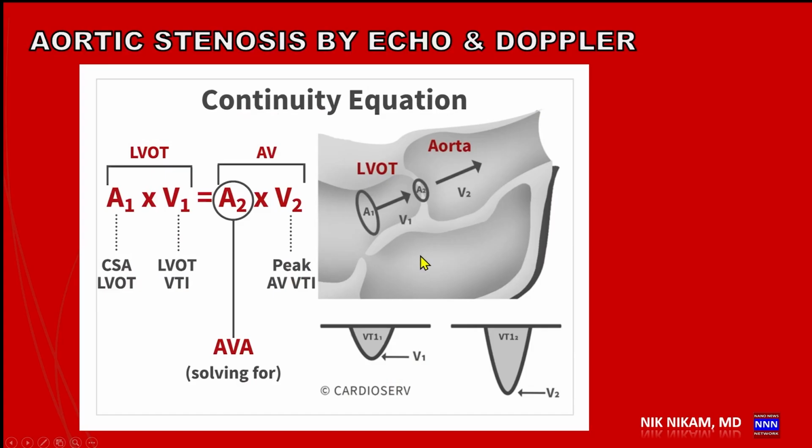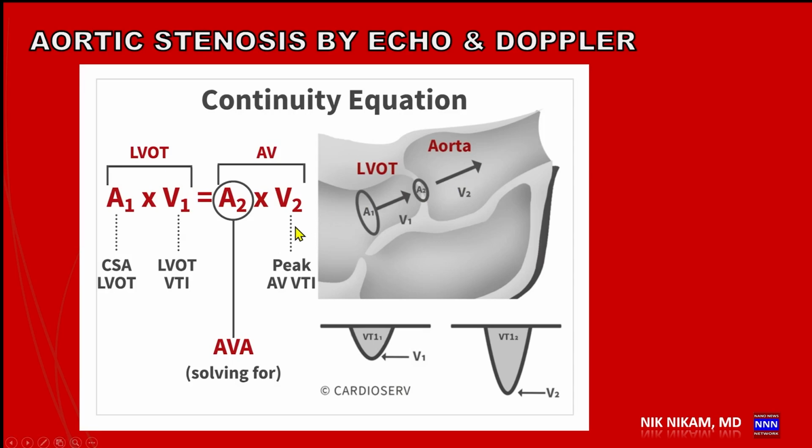Here is the simple formula that is used to determine the degree of aortic stenosis. When the blood flows through the left ventricular outflow tract into the aorta, depending upon the orifice of the aortic valve, the velocity of the blood changes.